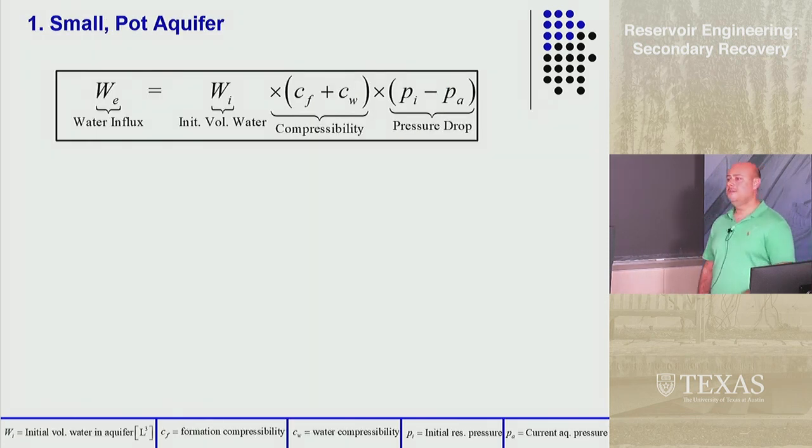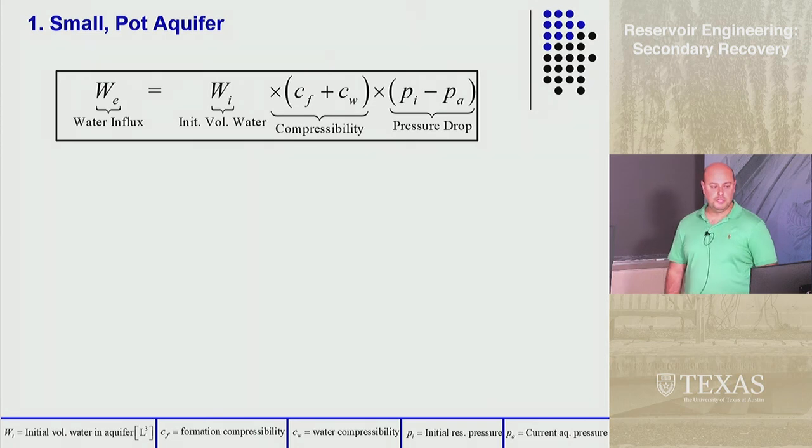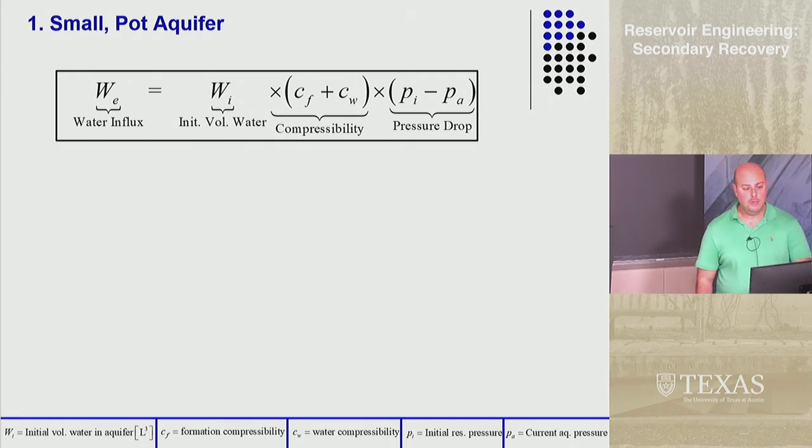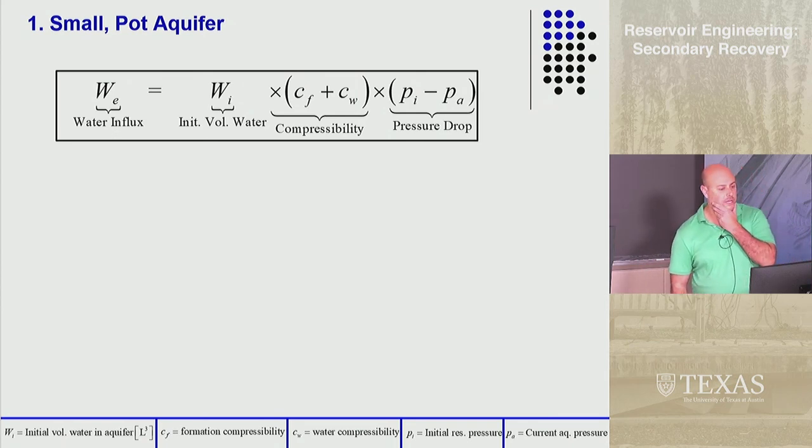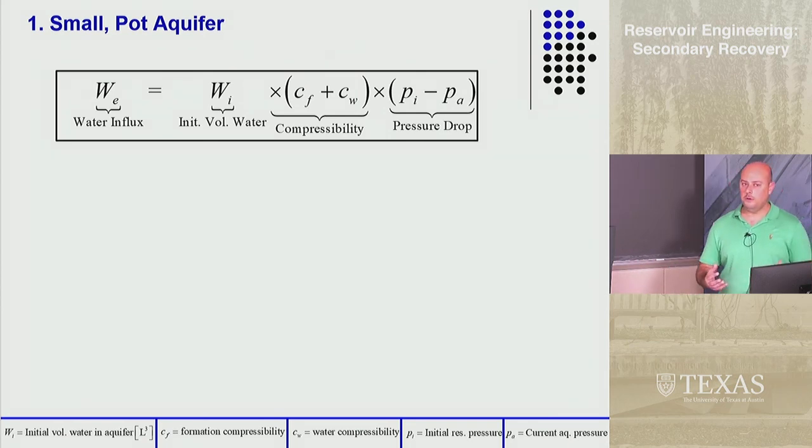So let's start with the simplest model. The simplest model is called the small pot aquifer. And so what it says is that the water influx, WE, again, that's the cumulative amount of water in barrels, is equal to the volume of water in the aquifer times the compressibility of the water, CW, plus the compressibility of the rock.